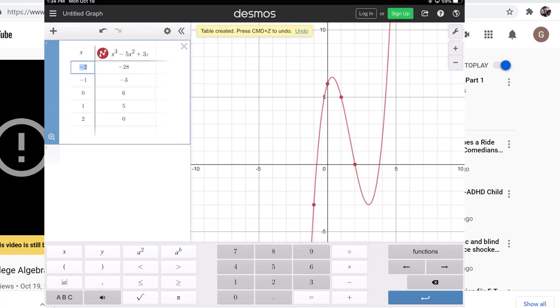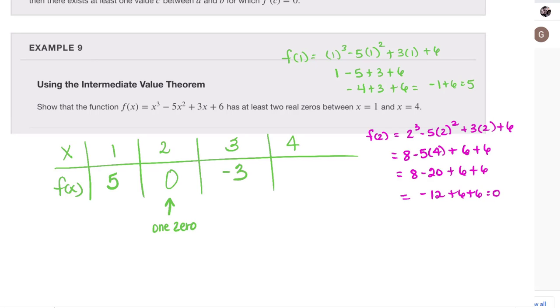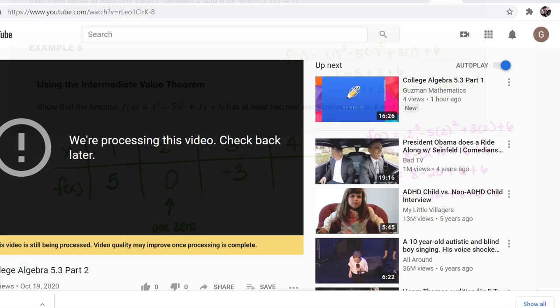And so we wanted to plug in 3, and we wanted to plug in 4. So when we plug in 3, we get negative 3. And we plug in 4, we get 2.